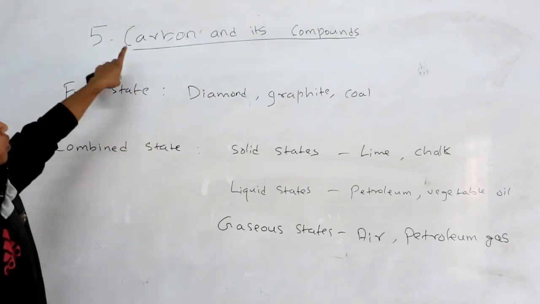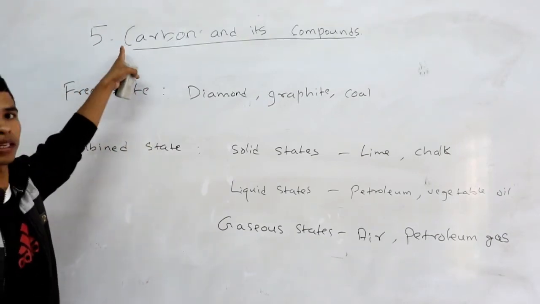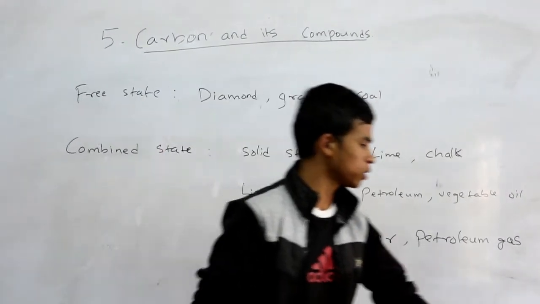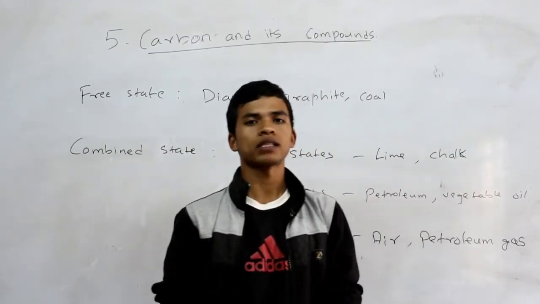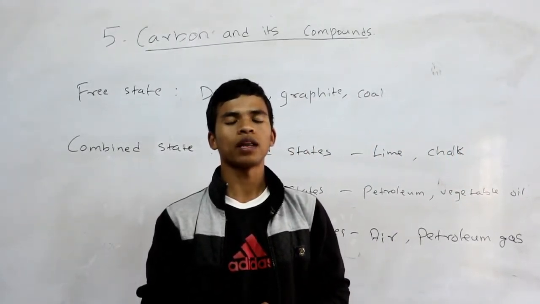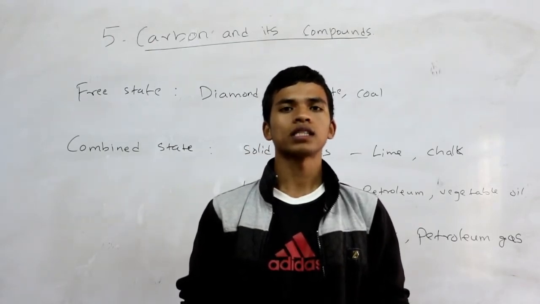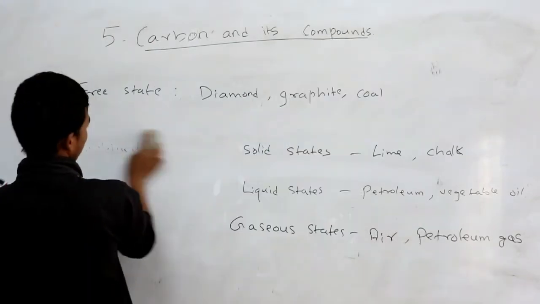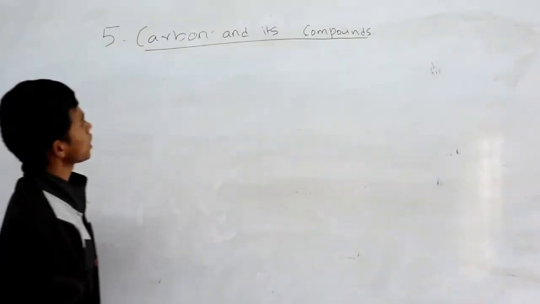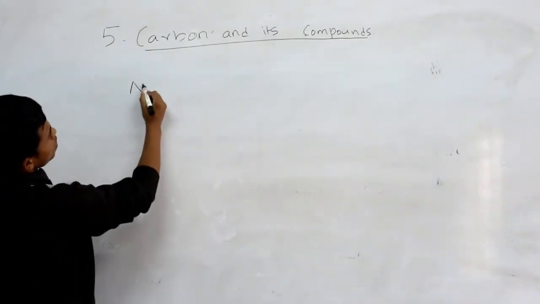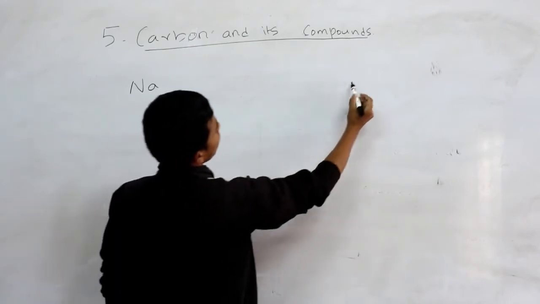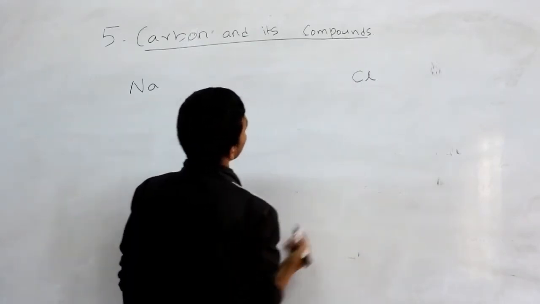In this chapter we will study one important bond between the atoms of different elements, and that is called the covalent bond. But before that, we will first recall what an ionic bond is. Let's take the example of a sodium atom and a chlorine atom.